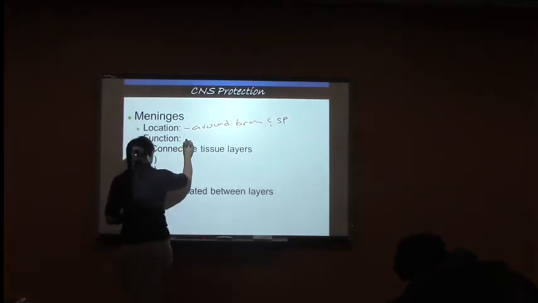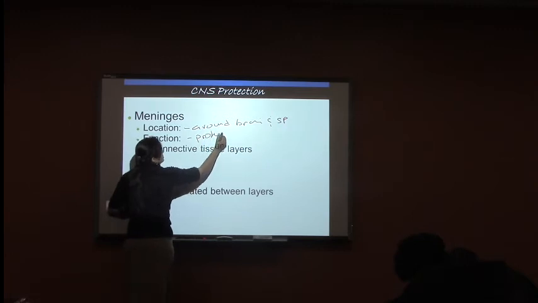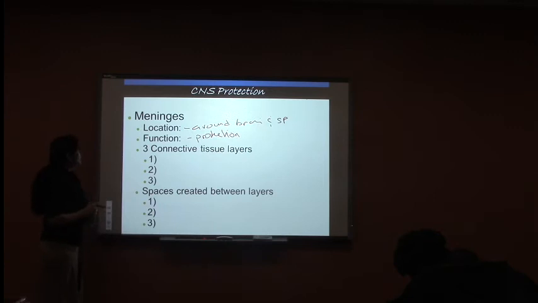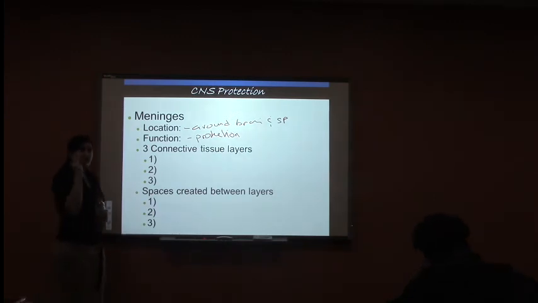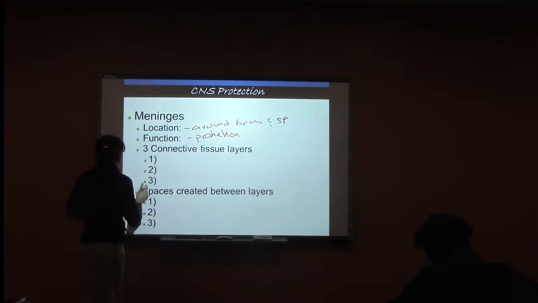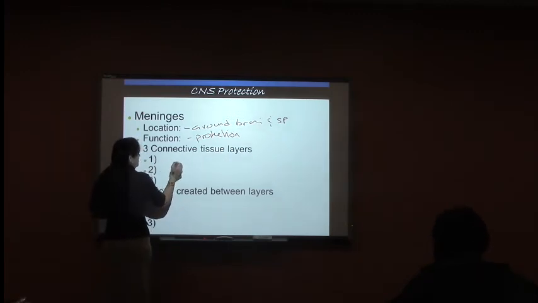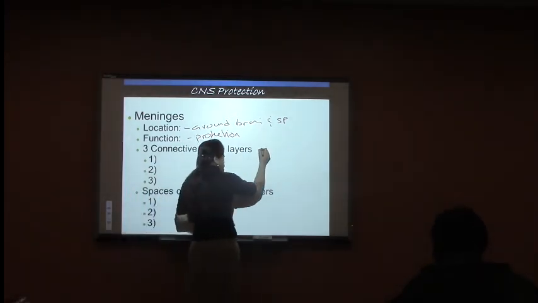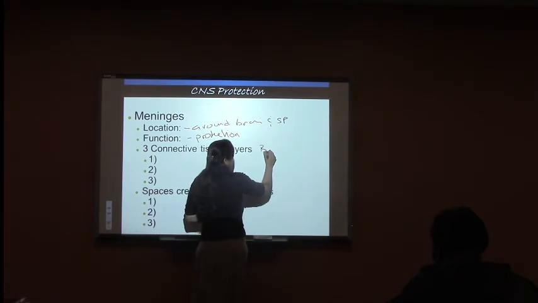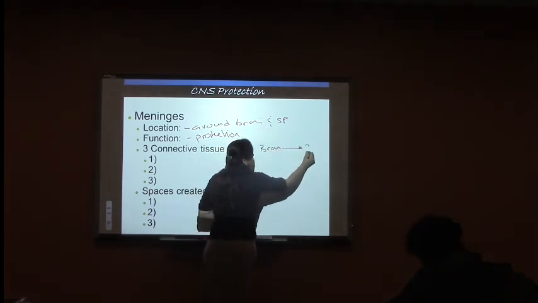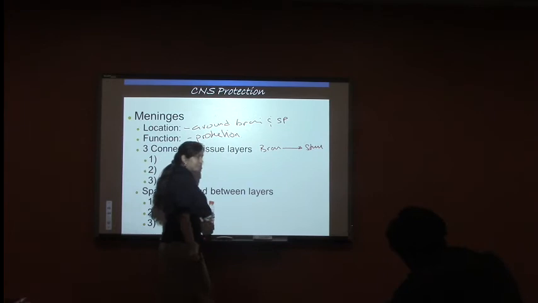Function is protection. The meninges are made up of 3 connective tissue layers. I'm starting from the brain, going to the skull.